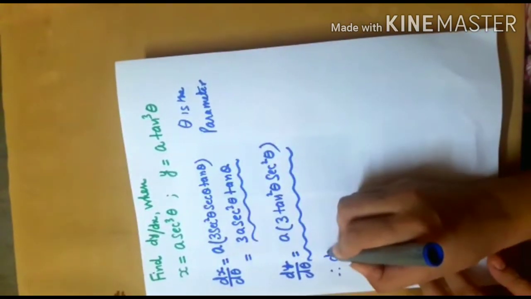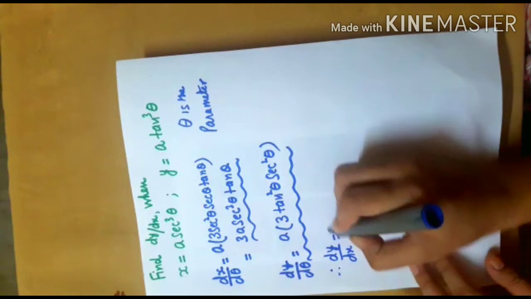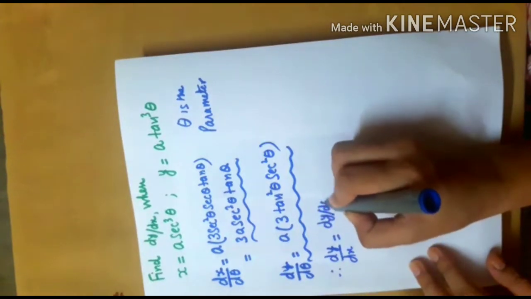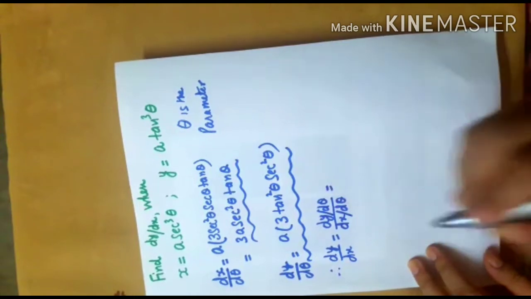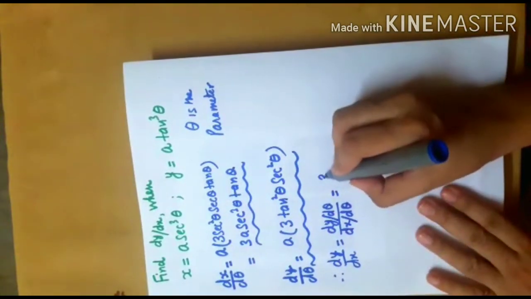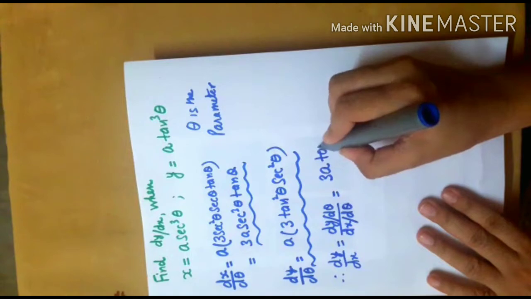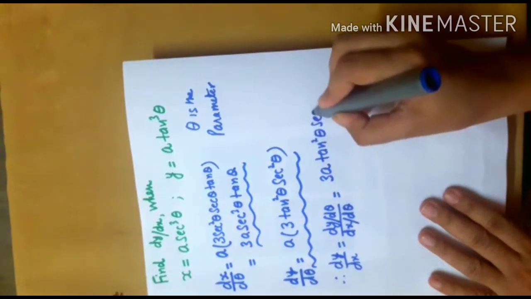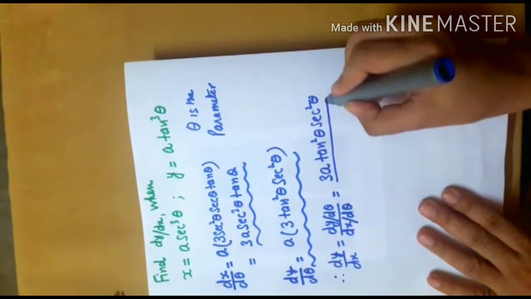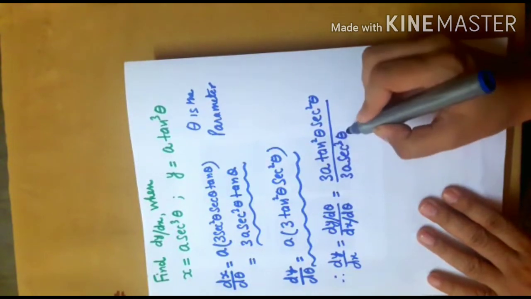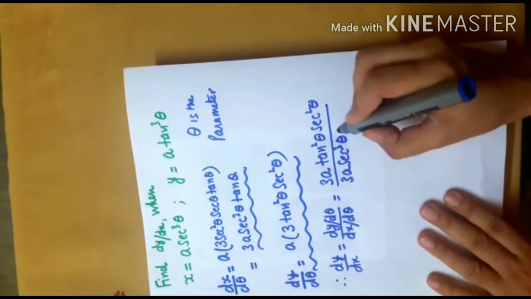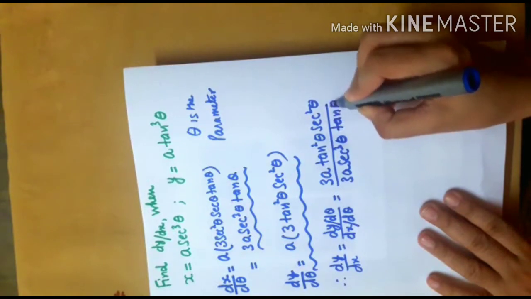So dy by dx will be equal to dy by d theta over dx by d theta. So it is 3a tan square theta secant square theta divided by 3a secant cube theta tan theta.